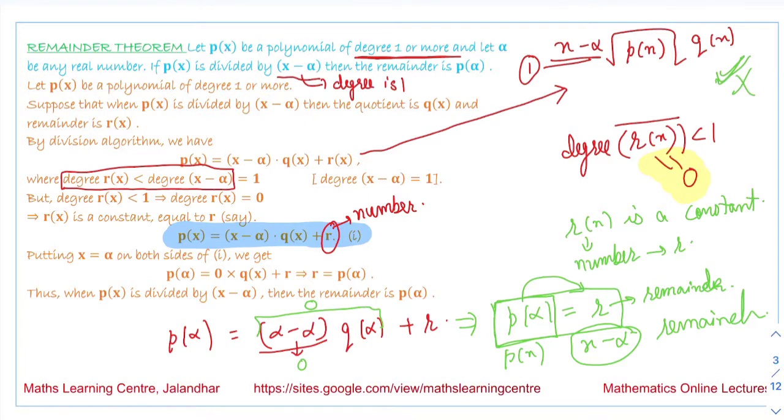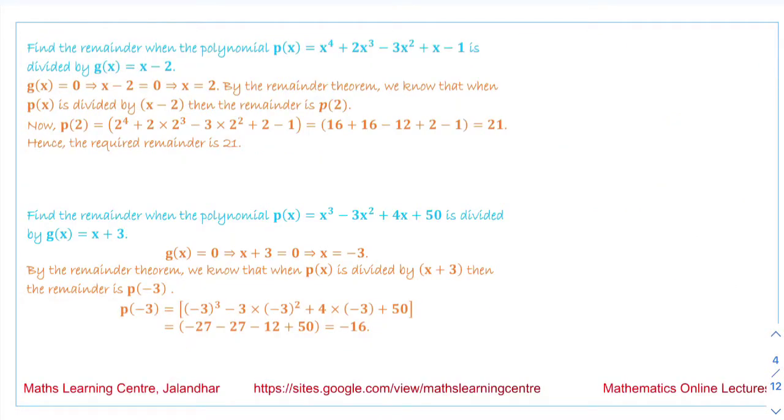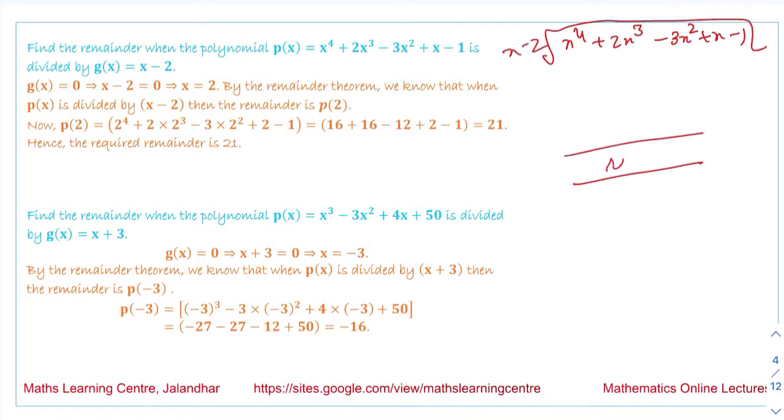Our question is: find the remainder when this polynomial is divided by x minus 2. One procedure is to write x to the power 4 plus 2x cube minus 3x square plus x minus 1, divide it by x minus 2, make this calculation and find the remainder.